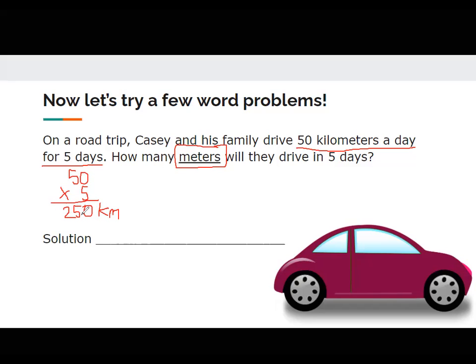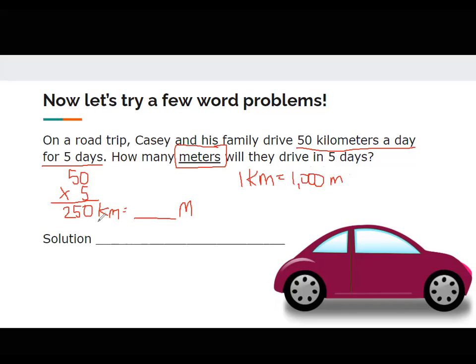Now that we have this in kilometers, we want to now switch our answer over to meters. So we're trying to figure out how many meters this would be. So we're going from kilometers, which are larger, to meters that are smaller. Well, what do we know about kilometers and meters? We know that 1 kilometer is equal to 1,000 meters.